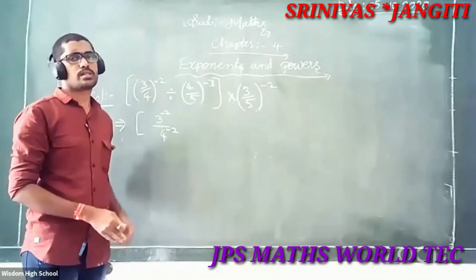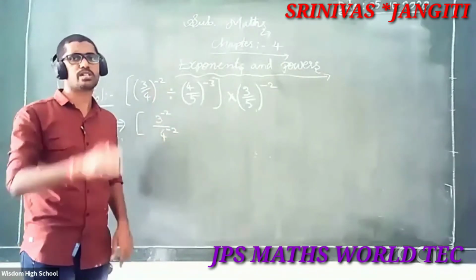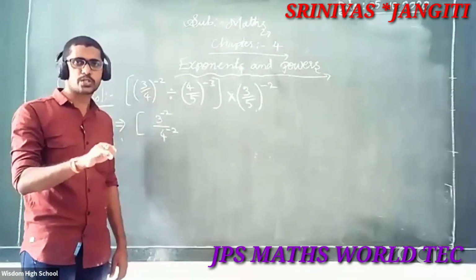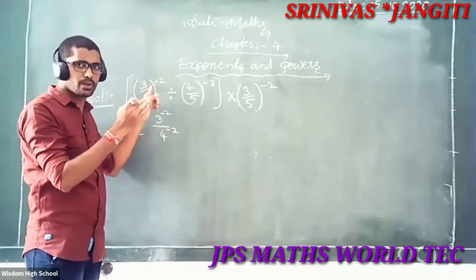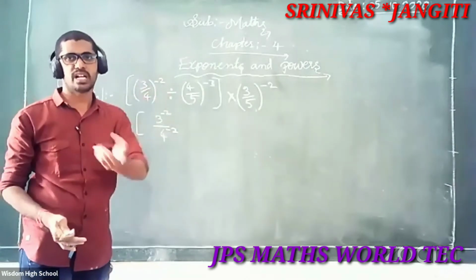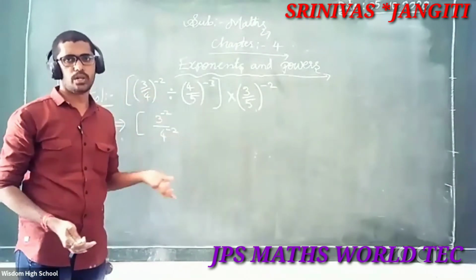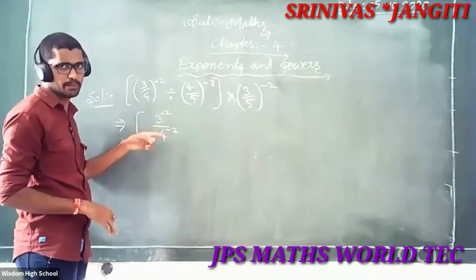This is one. Go to the next: x to the power of minus n is equal to 1 by x to the power of n. Then your step is 1 by 3 by 4 whole square. That is also the same. Whichever is easy, you follow that one. Now here I am going with this one. Any problem? Very good.